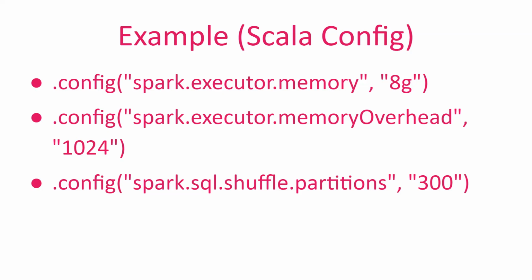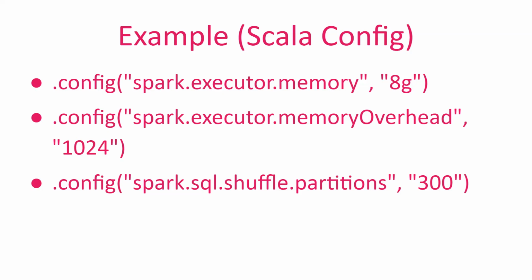Here's a real world example. We'll write in Scala. val spark = SparkSession.builder.appName("FixExample"), then .config("spark.executor.memory", "8G"), that means 8 GB, .config("spark.executor.memoryOverhead", "1024"), that is 1024 MB, .config("spark.sql.shuffle.partitions", "300").getOrCreate(). Then val df = spark.read.parquet("/bigdata"), the directory.